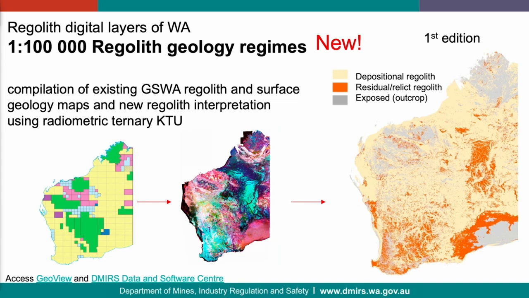We constructed that using all the map surface layers we had, and we did some further interpretation using radiometric images to come up with that layer that has only 3 codes on it, basically separating the regolith into residual regolith, that's all your duricrusts and your in situ saprolite, and your depositional regolith, your transported materials, and your outcrops, that's called the exposed outcrop unit.